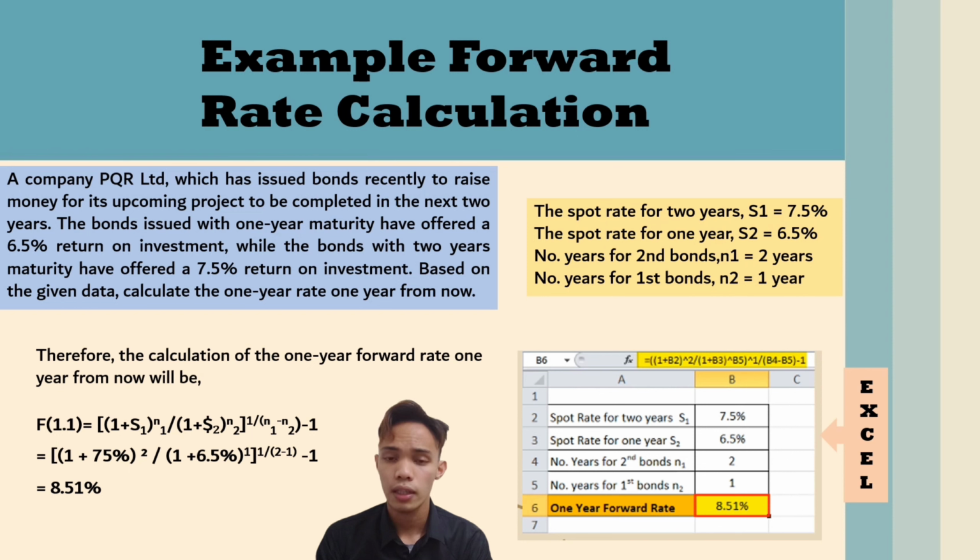The bonds with 1 year maturity offer a 6.5% return on investment, while the bonds with 2 years maturity offer a 7.5% return on investment. Based on the given data, calculate the 1 year rate 1 year from now.